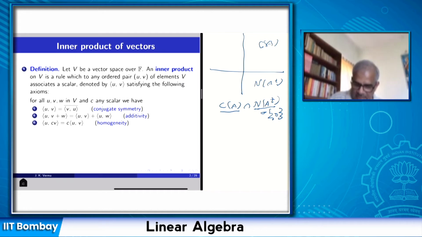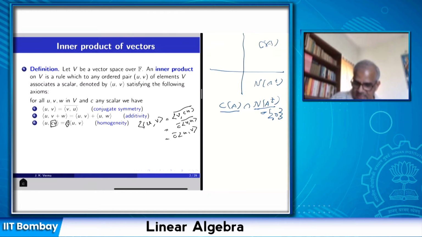If I scale the vector v here, then this c comes out. This is called homogeneity. But if I take c times u and then take the inner product with v, by conjugate symmetry this is equal to the conjugate of the inner product of v with c u, which is the conjugate of c times the inner product of v with u, which is c bar times the inner product of u with v.